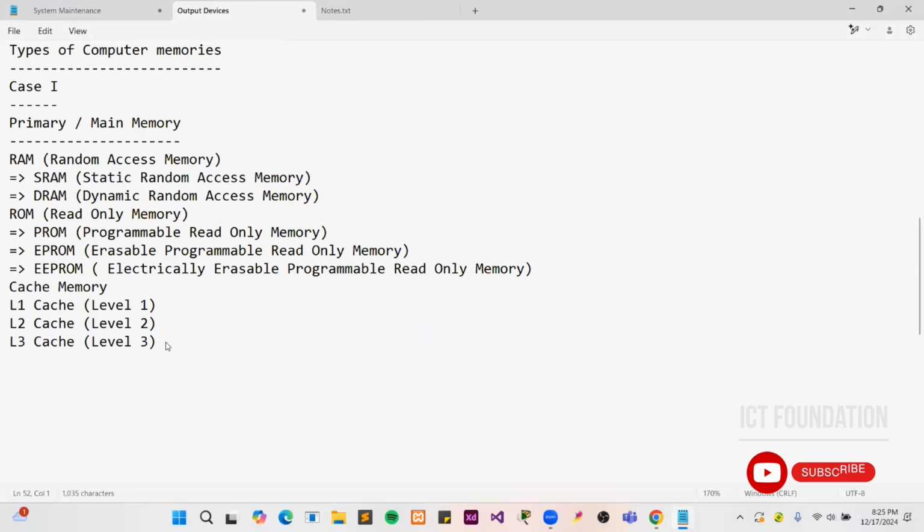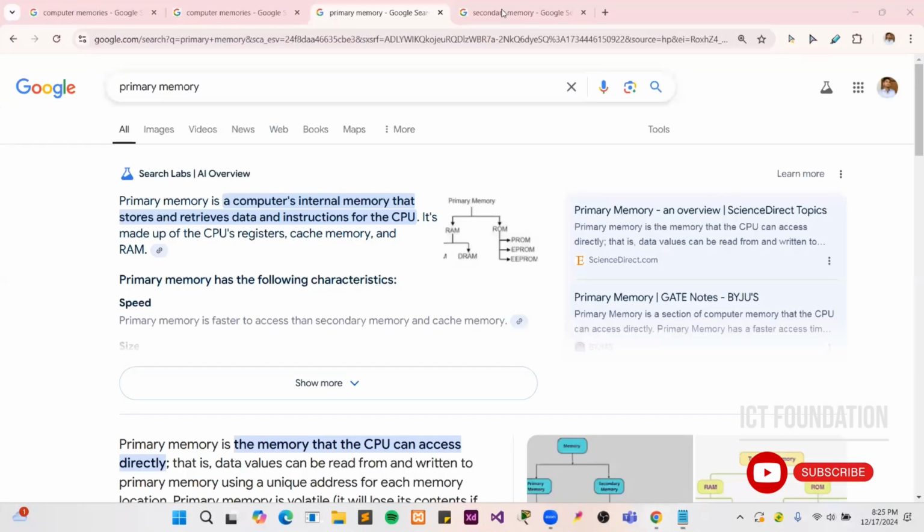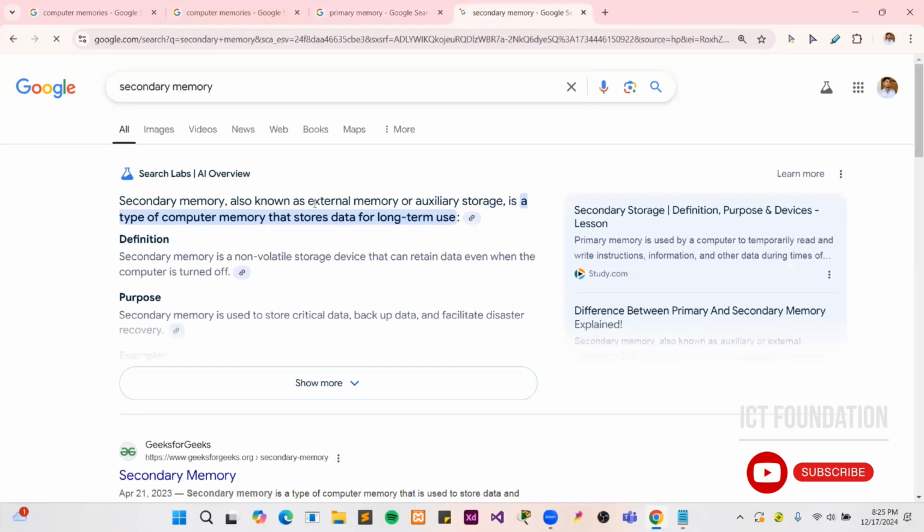Now we come to the topic of secondary memory, since primary memory is covered. Secondary memories we sometimes call storages, secondary storages. Sometimes secondary memory is known as auxiliary memory, external memory or auxiliary storage.